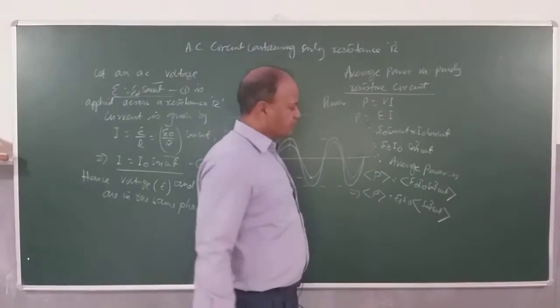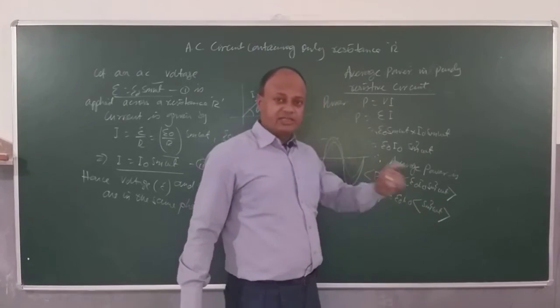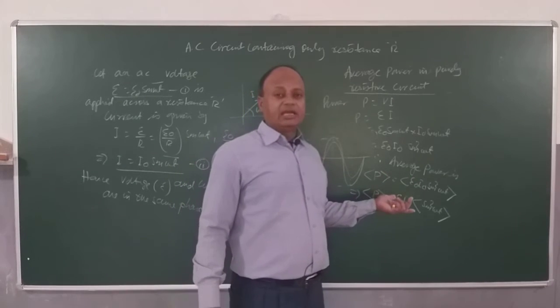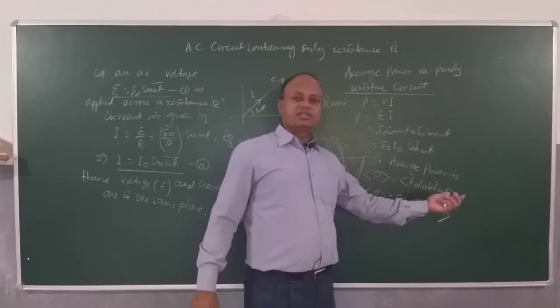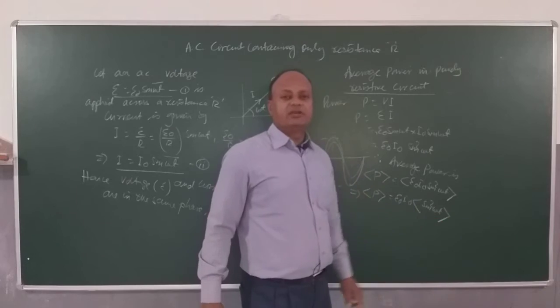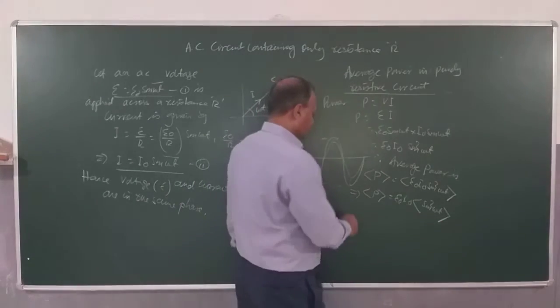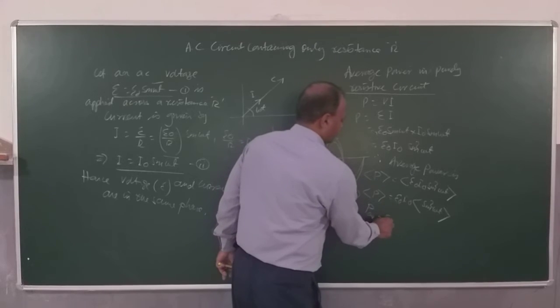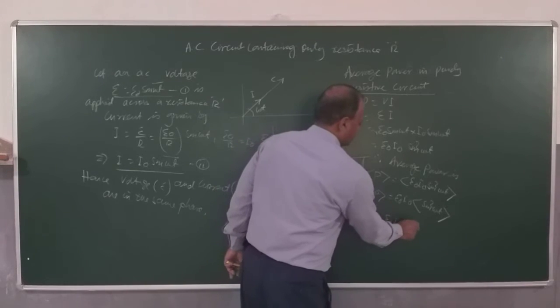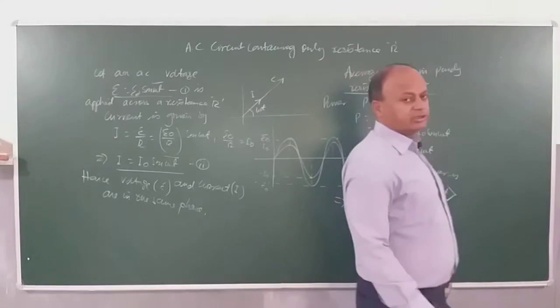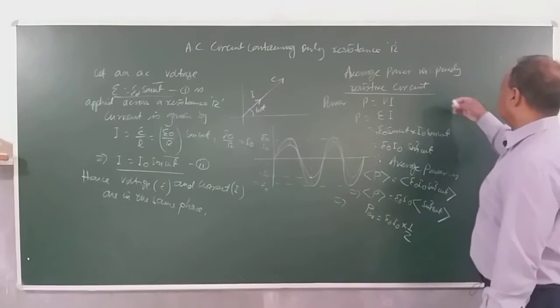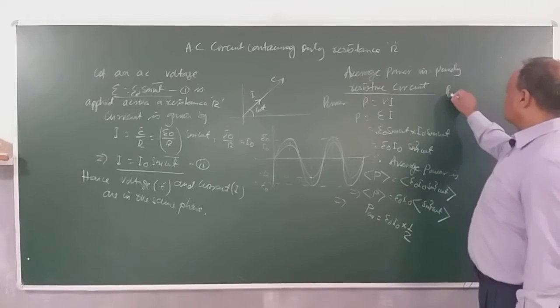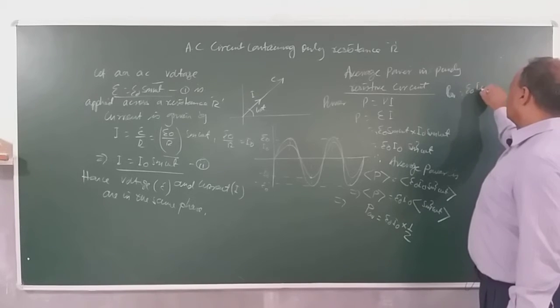And the average of sin square omega t is how much? Half. As you already saw, this result is very handy. If I do not want to integrate, I can directly use this. Average value is perfectly acceptable. So average power P_av is equal to E0 I0 into half. Clear? So we come across a very interesting result here, that average power equals E0 I0 by 2.